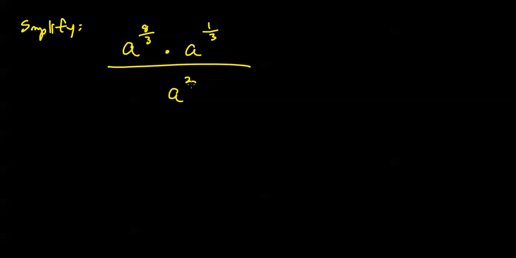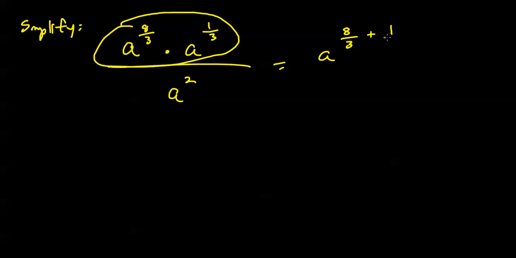Alright, so let's take it a step at a time here. I don't see any negative exponents here, so all I'm going to do is multiply this product, and when you're multiplying exponent expressions with the same base, you keep the same base and add the exponents. Again, I don't know if you really need to be so formal here, but I'll write out that step. In the numerator, a to the 8/3 times a to the 1/3 is a to the 8/3 plus 1/3.